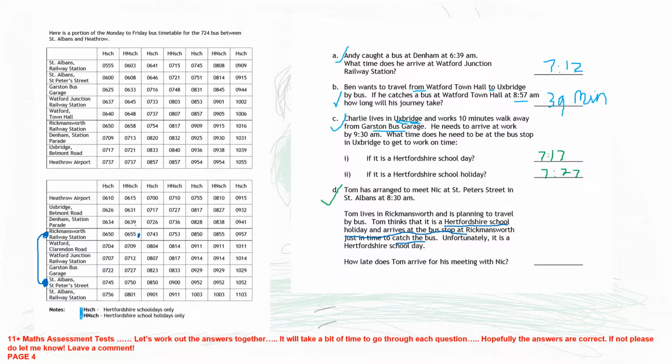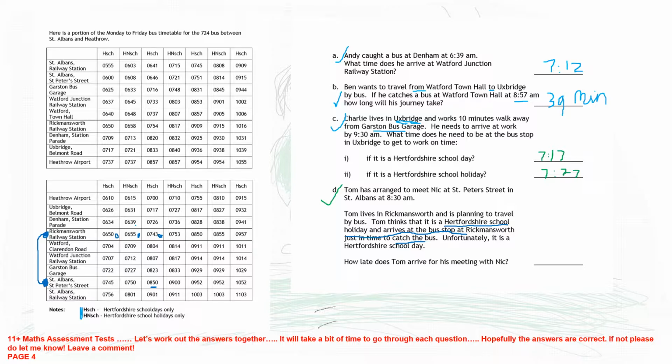So this is the bus, and if it's a school day, it's the 6:50 bus or the 7:43 bus. So there are two options if it's a school day. But no, 7:43 is not really an option because then he will reach at 8:50, which is then he is late.